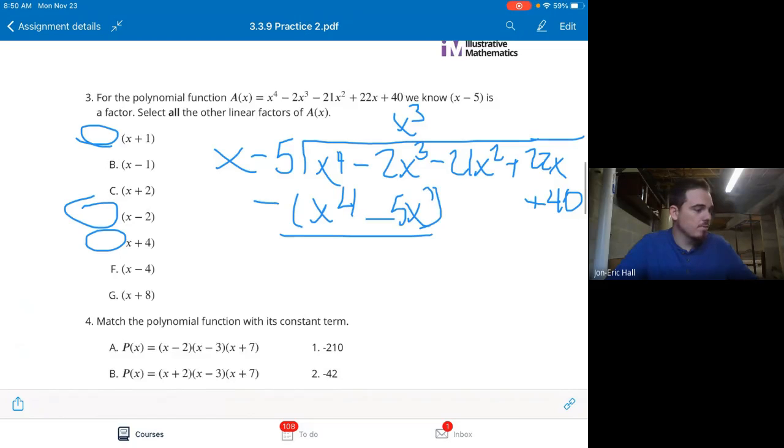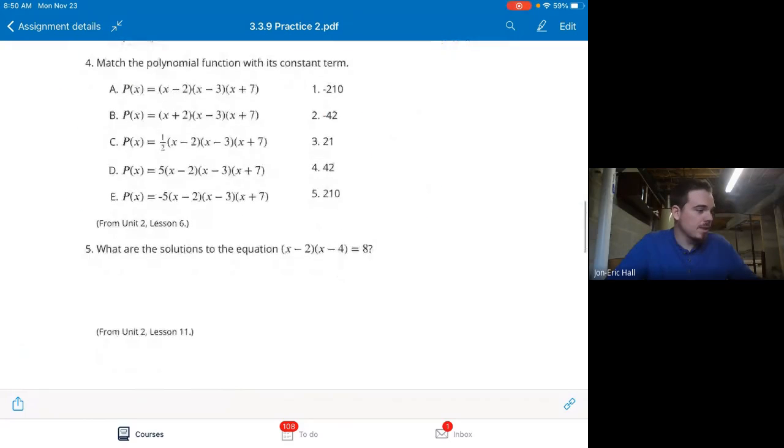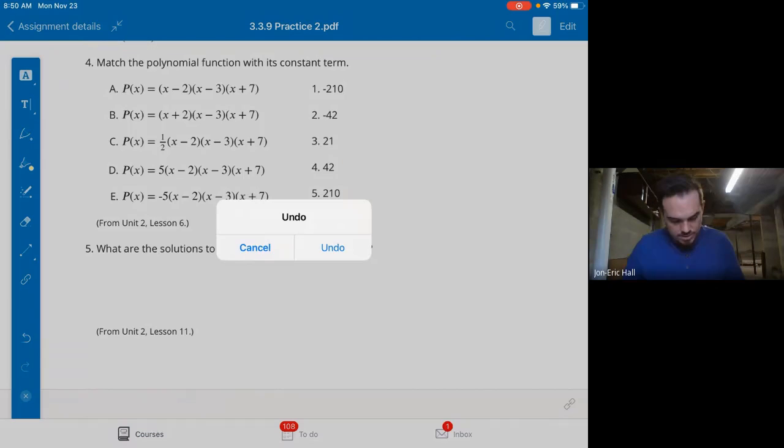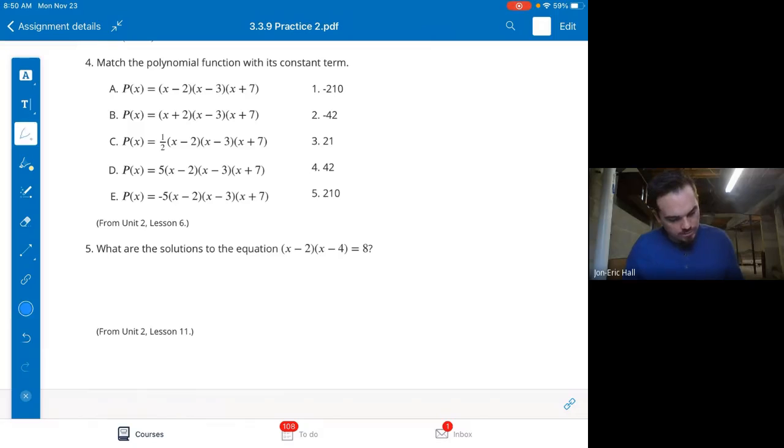All right, if I move down, match the polynomial function with its constant term. So really all you need to do here is multiply all of the last numbers in each linear factor to see which one it's going to be.